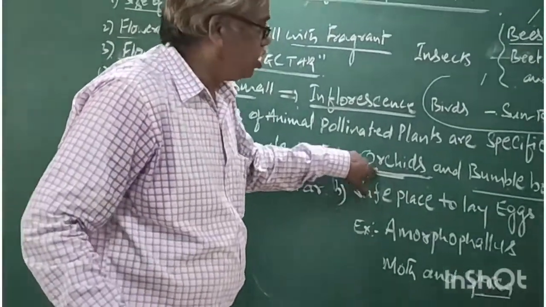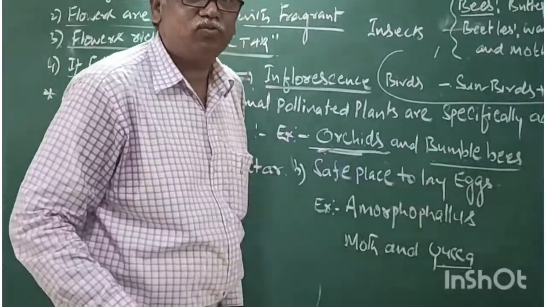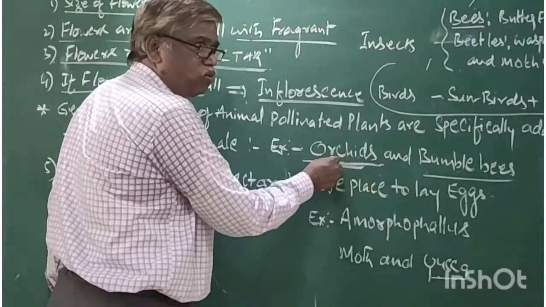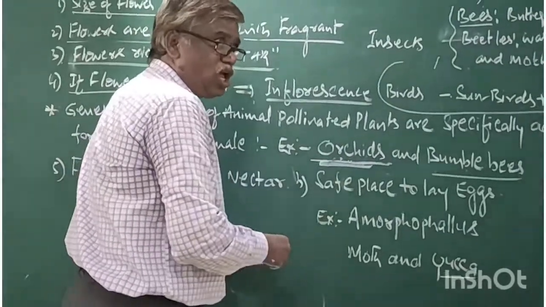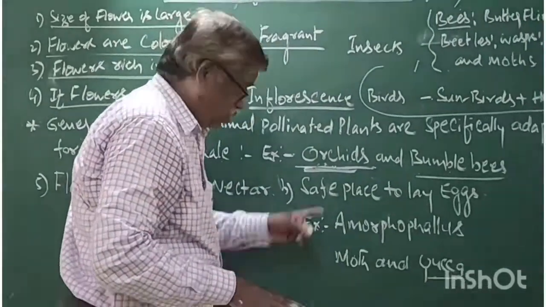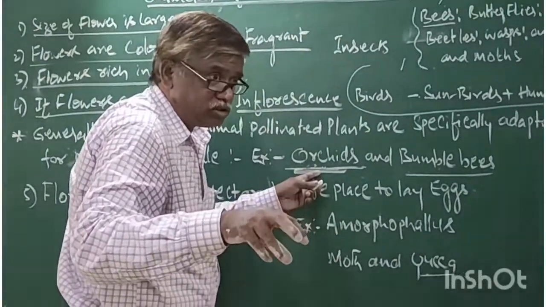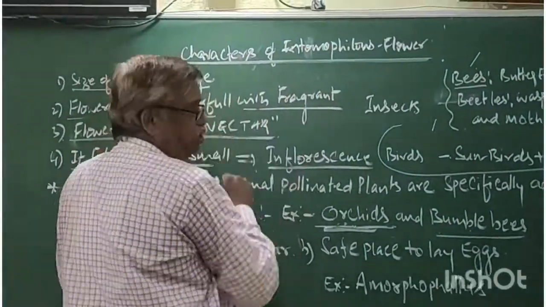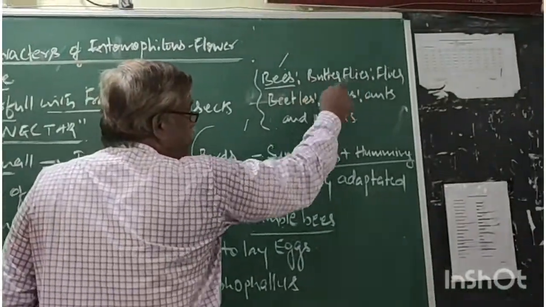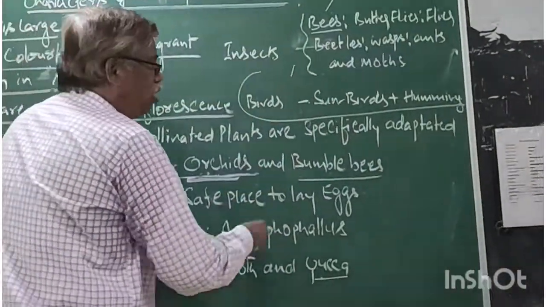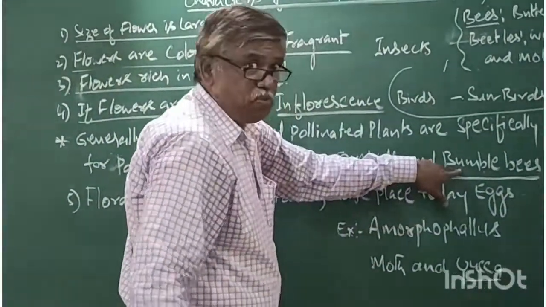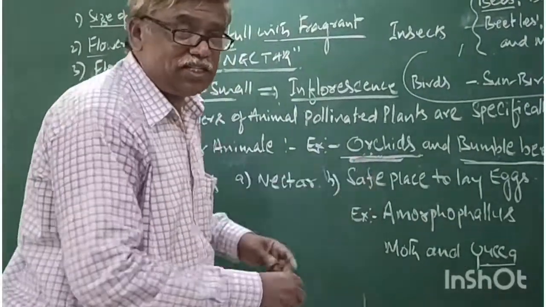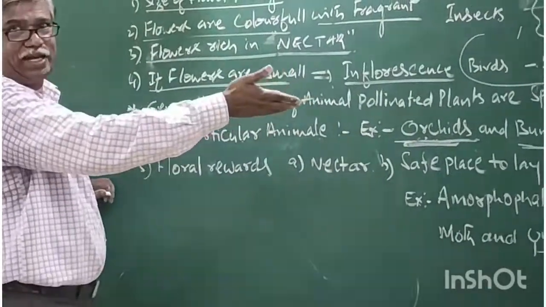Bumblebee is an insect. The flower of orchid is entomophilous. Among insects, butterfly, bee, here only bumblebees. Other than bumblebees, there is no pollination in orchid. This is written as a character.